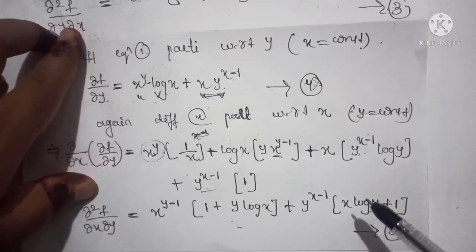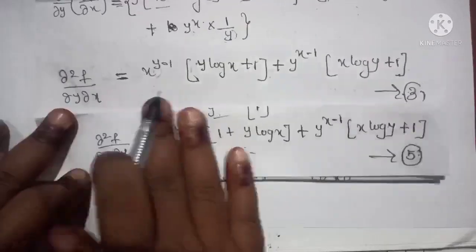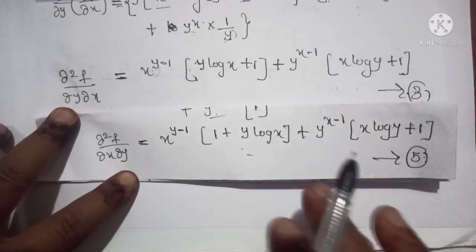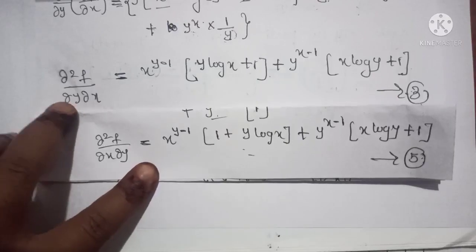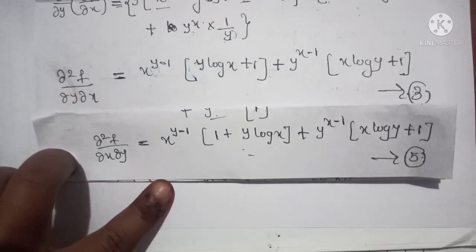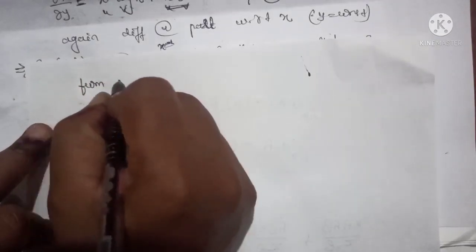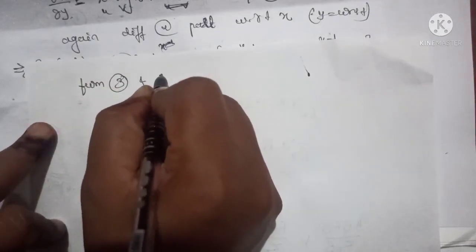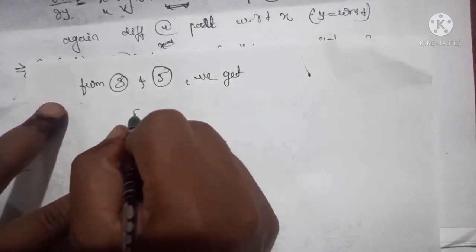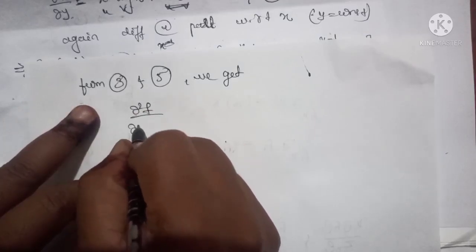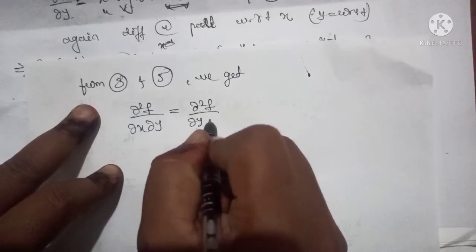So we can conclude that these two terms are equal. That is, from equation 3 and 5 we get dou square f by dou x dou y equals dou square f by dou y dou x.